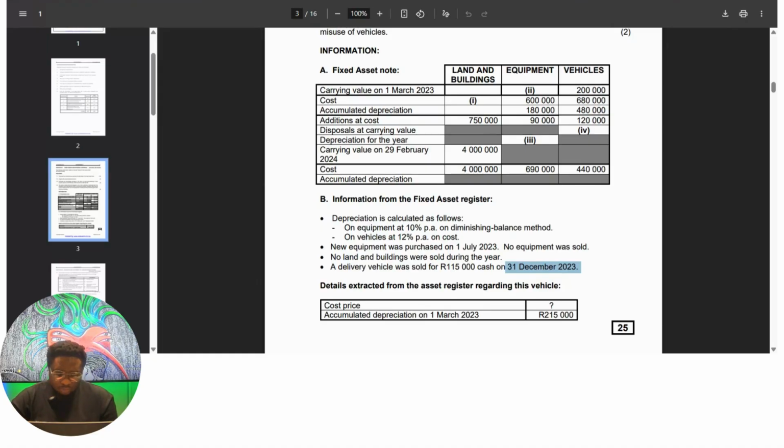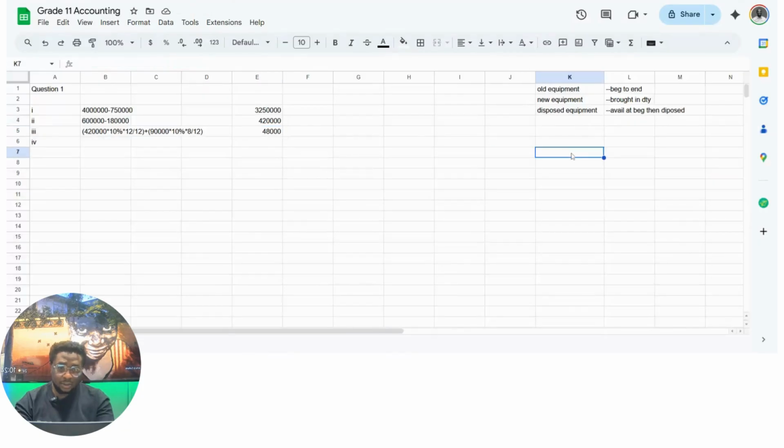All right. And so this vehicle would have been here at the beginning of the year until 31 December 2023. So we would depreciate it from the start of the year up until 31 December 2023 as we're trying to work out the carrying value. To work out the carrying value for the disposals at carrying value, we will need the cost of this vehicle, and then we'll also need its accumulated depreciation.